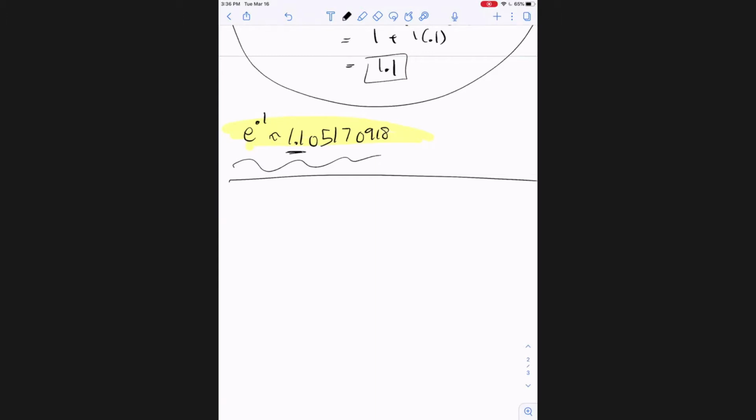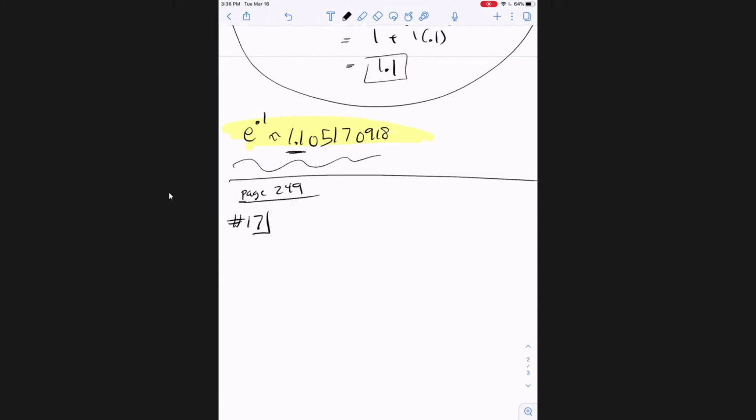How about, let's go to section 3.9, related rates. I will do number 17. So if you have your book, go to page 249. And number 17. Here we go.